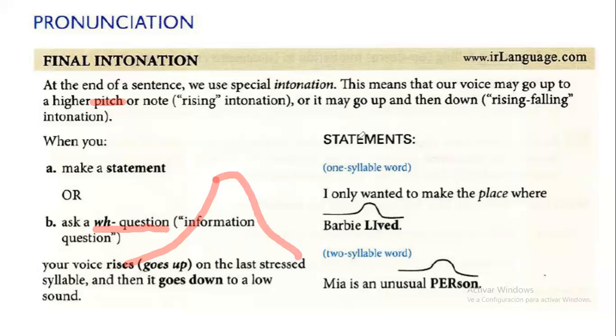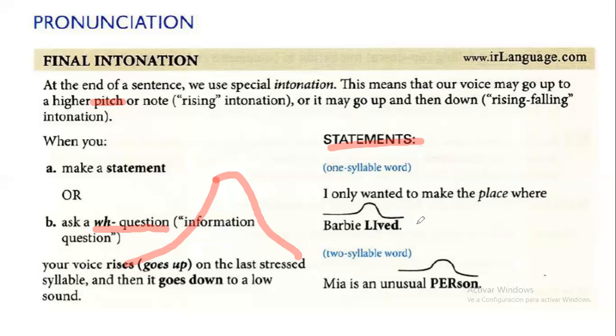So we have examples of statements here of one syllable words. The sentence would go like this: I only wanted to make the place where Barbie lived. As you might see, it has the rising and then falling, what we call up and down intonation.